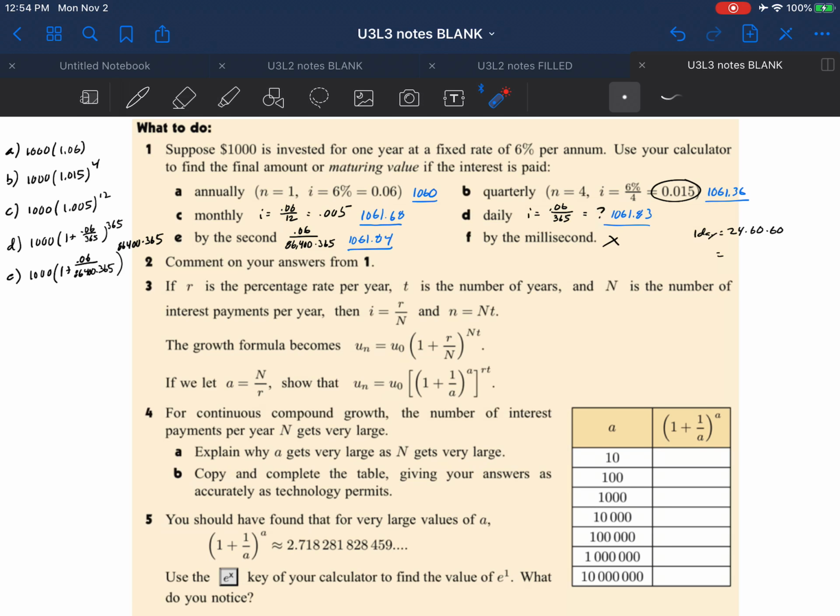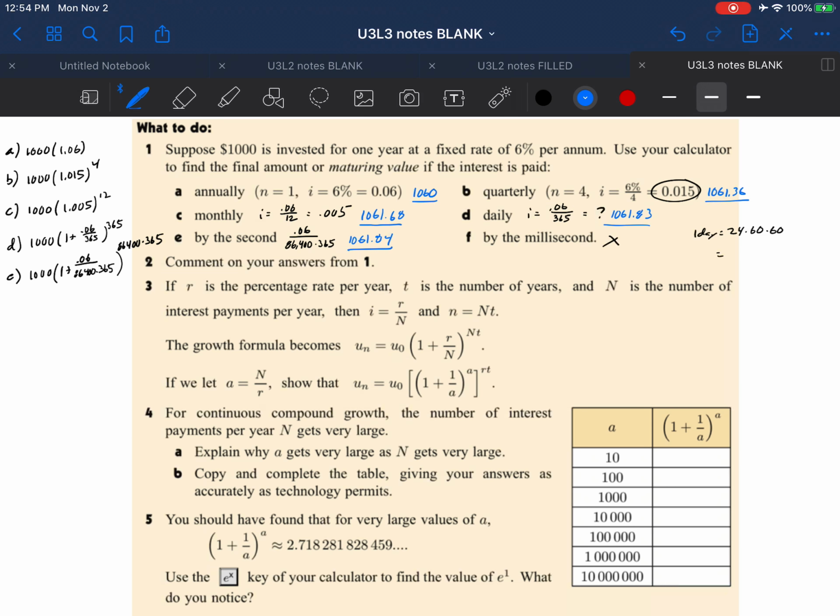So if you look at these, we have 1060 to 1061, a $1.36 increase, 32 cents increase, 15 cents increase, 1 cent increase. So even though these values are going up, the increase each time is getting smaller and smaller. So we would think that this is going to be incrementally larger than 1061.84.